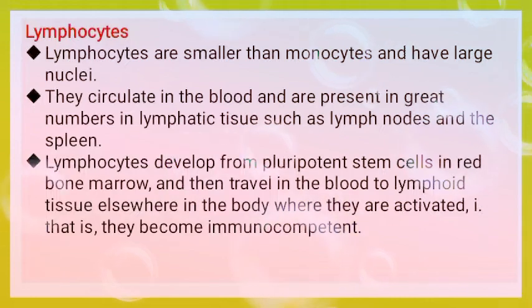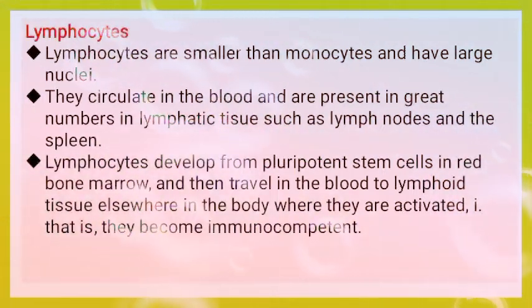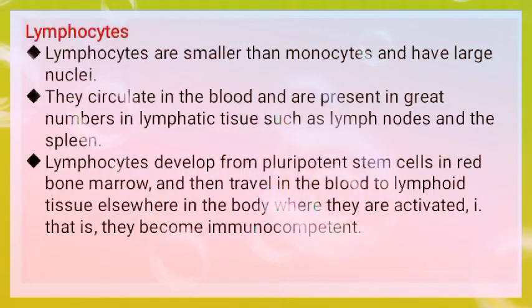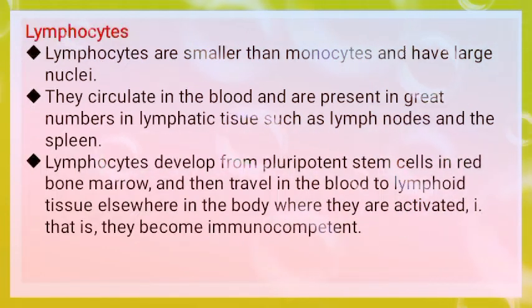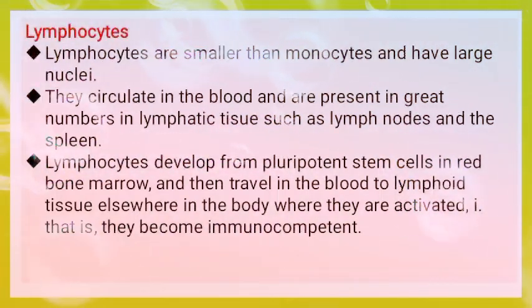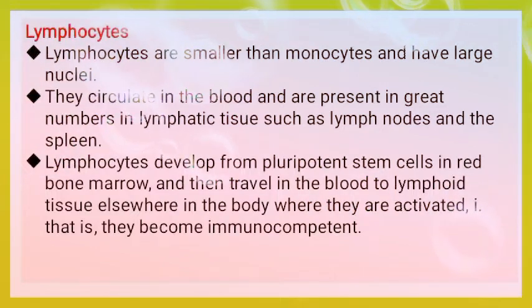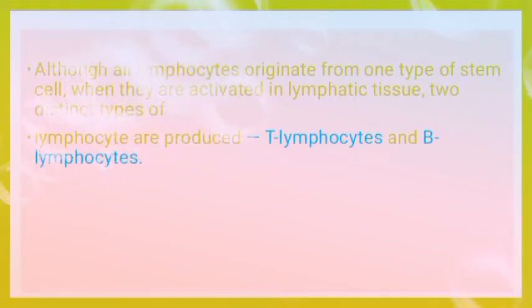So what we are saying, the production site of these cells is the bone marrow. As they are produced from the bone marrow, that's when they can go and further develop in the lymphatic tissues for them to be fully equipped to fight against the microorganisms that they can be faced with.